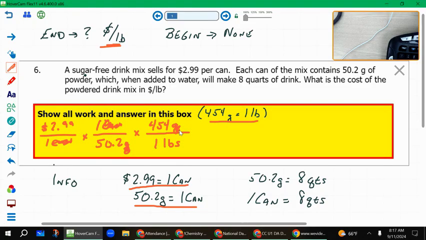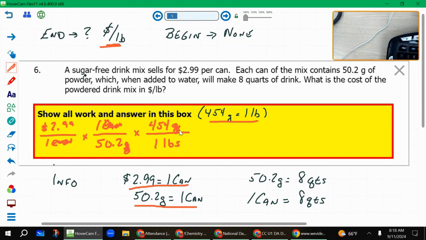So oftentimes students pull these out of the problem and then try to force them to fit in there. We don't need them. We don't need to get into quarts, so there's no reason to use this. It's just more information. Now, all we have to do is the math here, ladies and gentlemen.